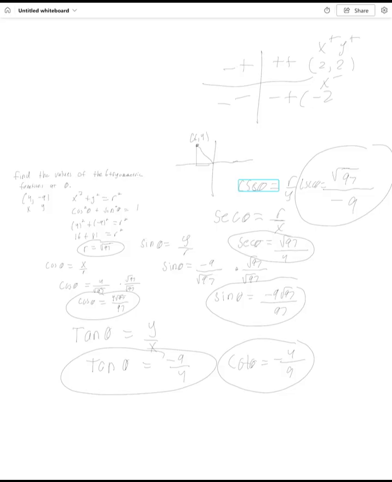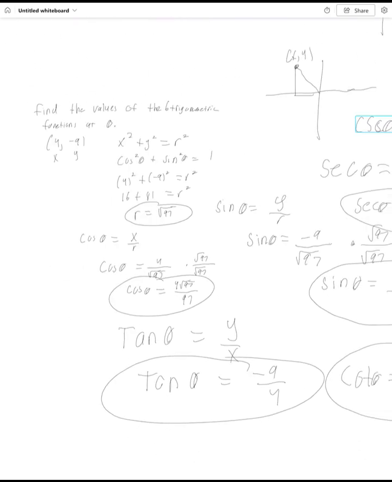When our x is positive and our y is positive, that means we're in quadrant 1. When our x is negative and our y is positive, we're in quadrant 2. So it's the same logic here. And we can continue on. If we were in quadrant 3, it would be negative 2. If in quadrant 4, our x would be positive, our y would be negative.